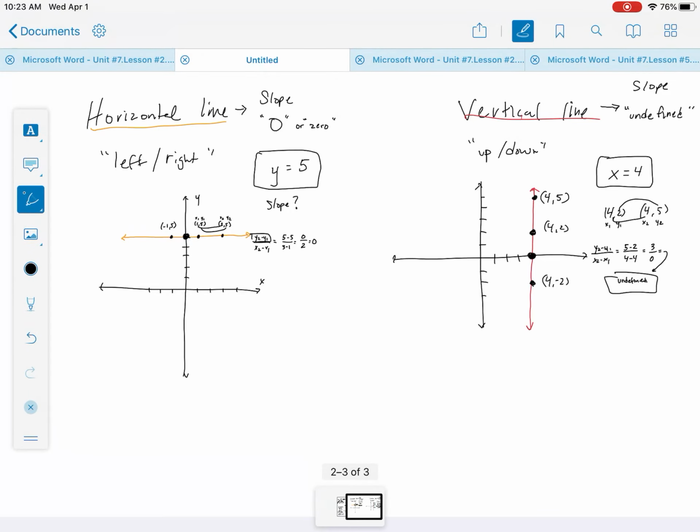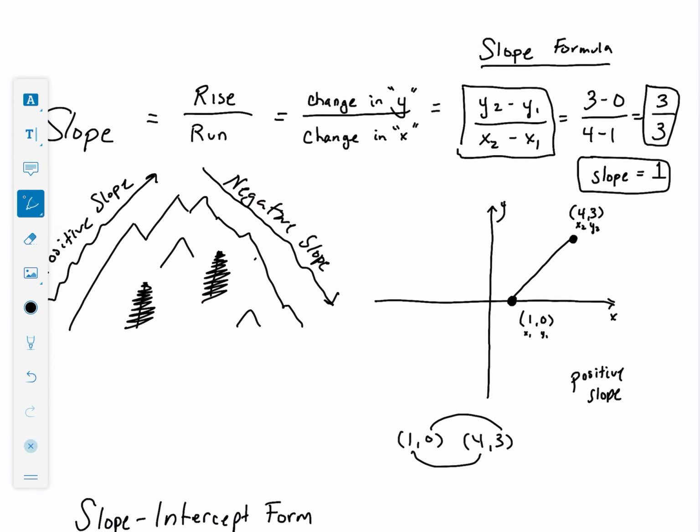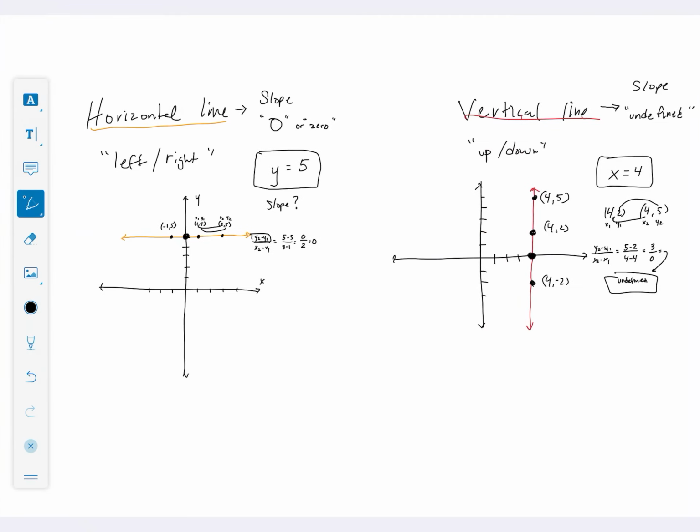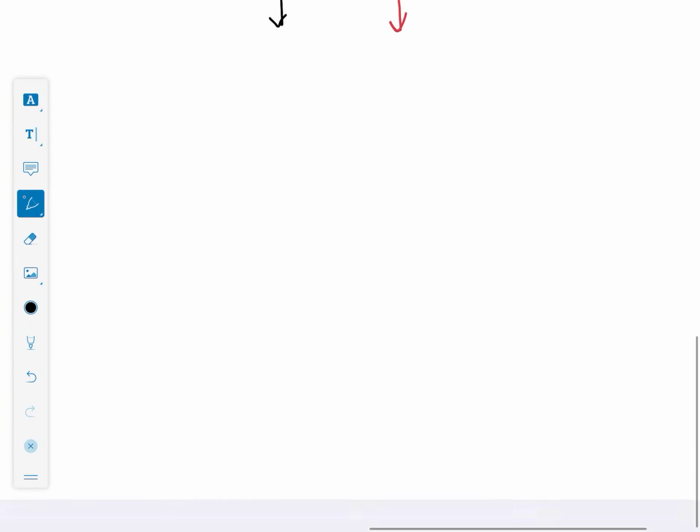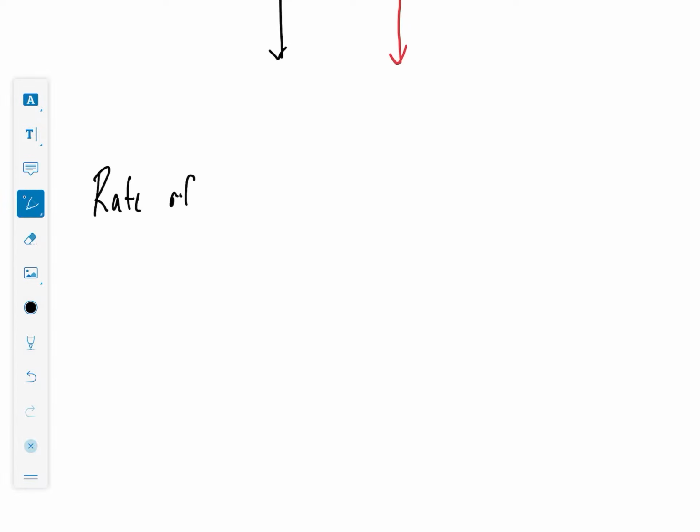And the next thing I want to just talk about is rate of change. Now, rate of change is just a fancy word for slope.